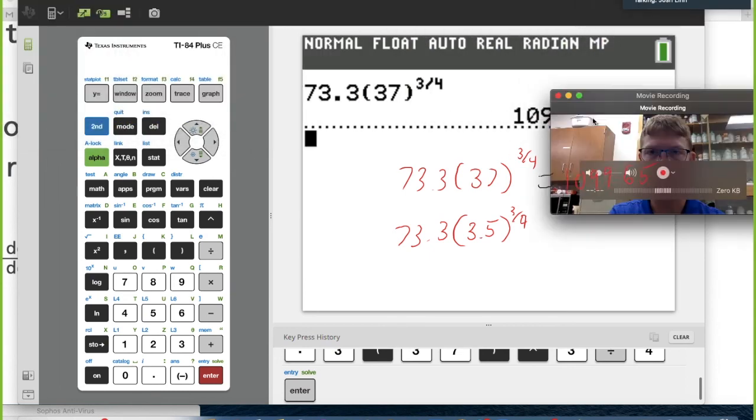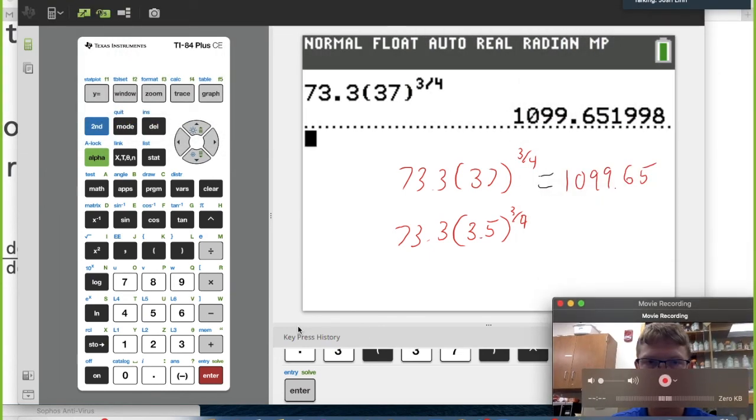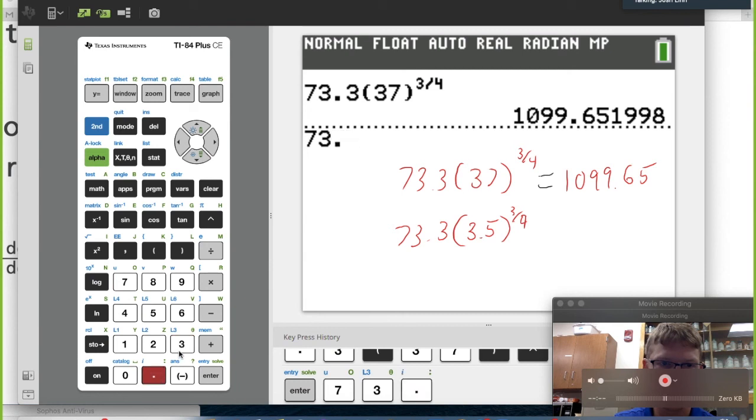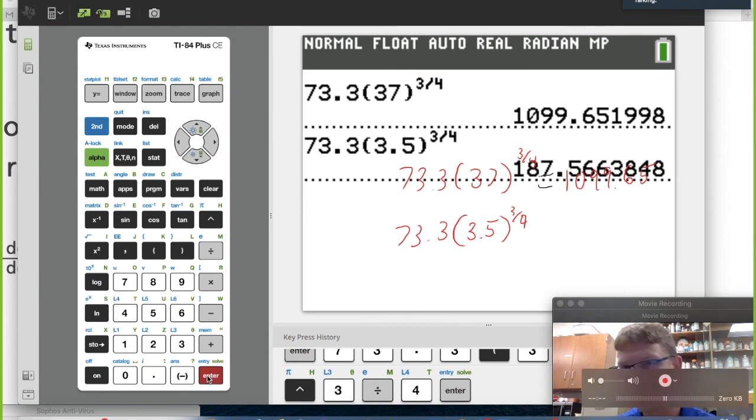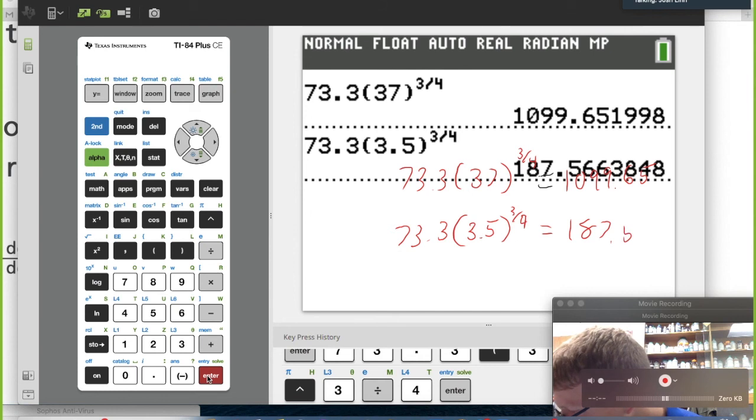And then our bottom one is going to be 73.3 times 3.5 to the power of 3 divided by 4. That says 187.566.